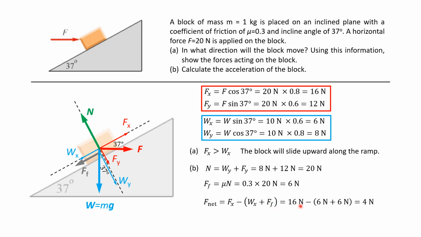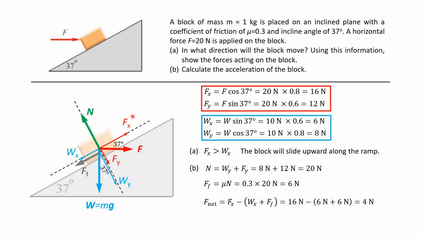We know F sub x is 16 newtons, W sub x is 6 newtons, and the friction force is also 6 newtons. So the net force is 4 newtons. There is a net force of 4 newtons acting up the incline on the block.